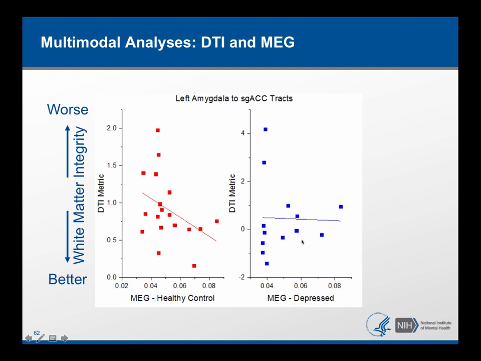But in our depressed subjects, this relationship was completely abolished. These are the kind of interactions that we're looking at, and while we don't know the significance of this yet, it may be that we can find out more and be able to predict better who may respond and who may not respond by combining information from many modalities rather than just looking at one modality as has been traditionally done.